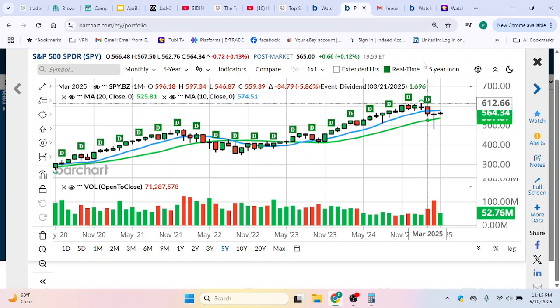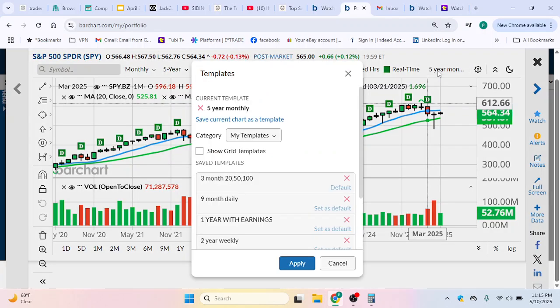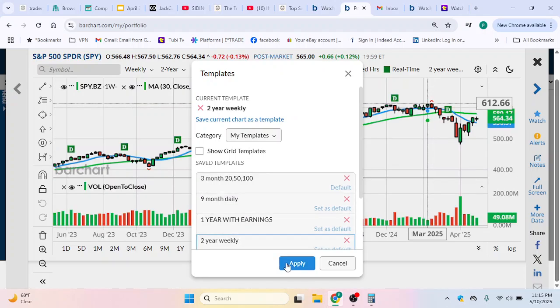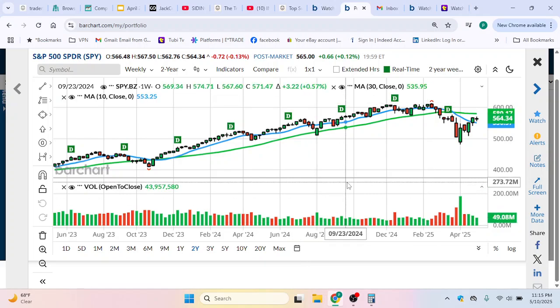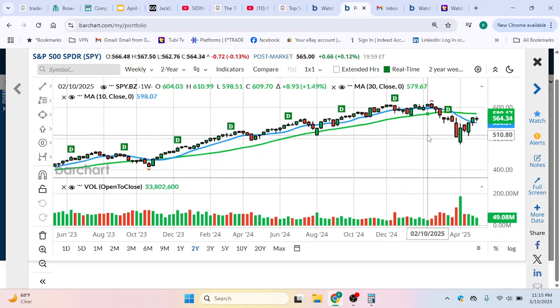So with that being said, let's look here at a weekly chart of the S&P 500. It's a little more pronounced on the weekly chart versus the monthly chart, but you can see here was the high point.